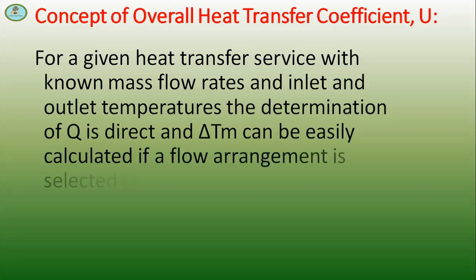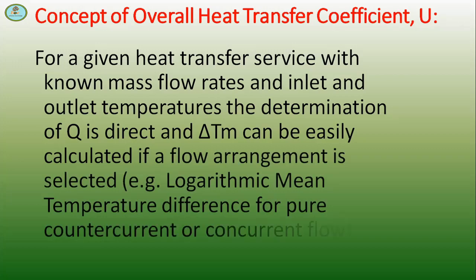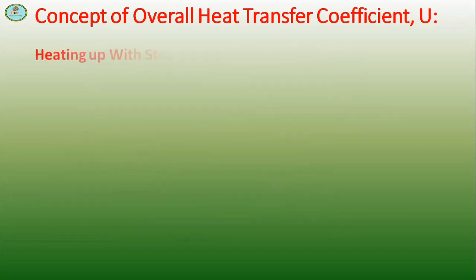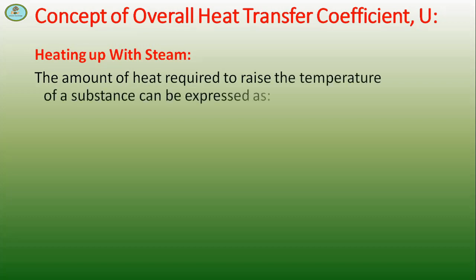If a flow arrangement is selected, for example log mean temperature difference for pure counter and concurrent flow, heating up with steam, the amount of heat required to raise the temperature of a substance can be expressed as follows. Q is equal to m into Cp into delta T.